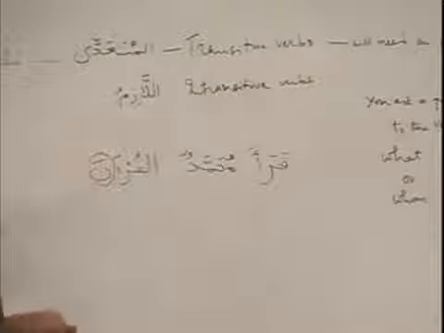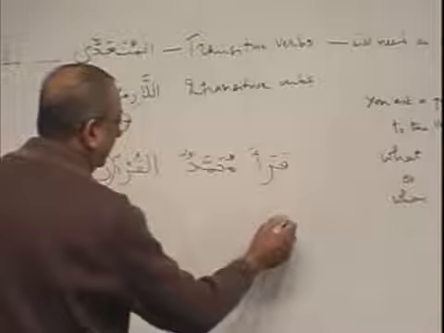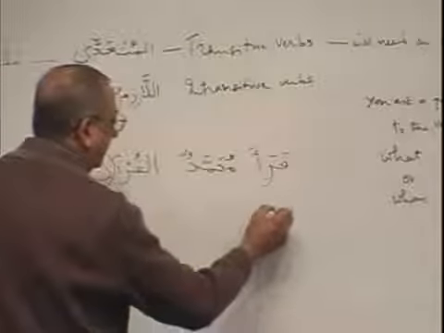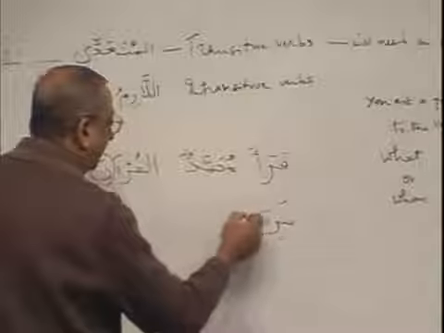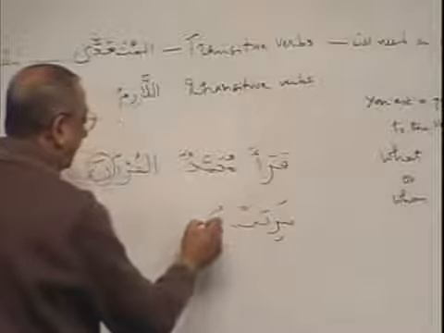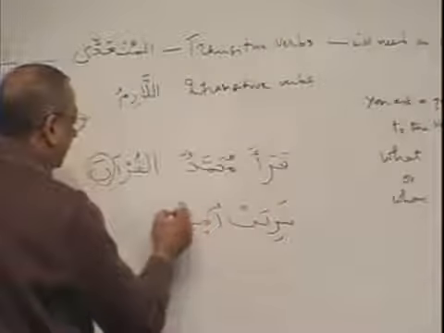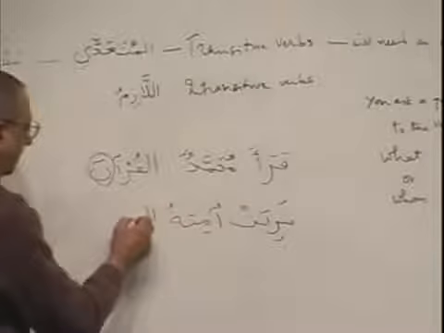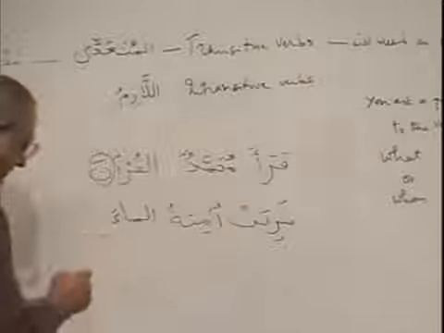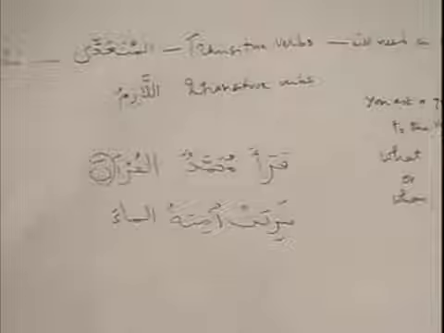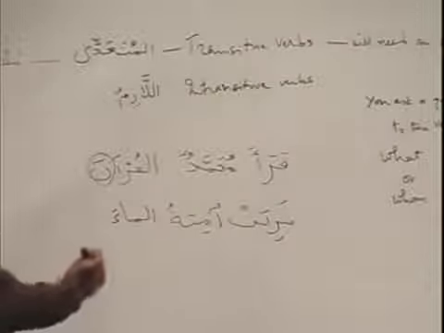I say, Sharibat Aminatu al-Ma'a. Sharibat. Where is the verb? Shariba, then ta ta'nith.